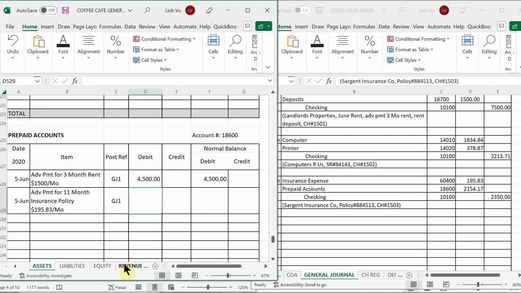Okay? And we are debiting our account by $2,154.17. Because I already have a current debit balance from my previous transaction, where I purchased rent in advance for 3 months, I now need to add another advance payment to my prepaid account. How do I figure out my account balance here?